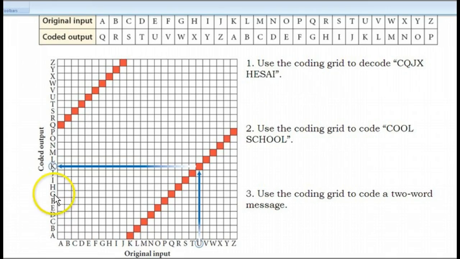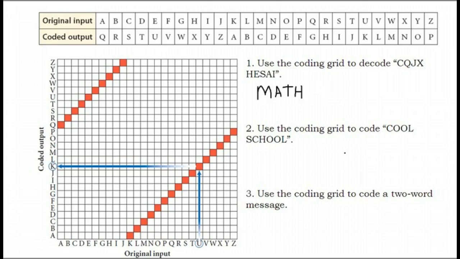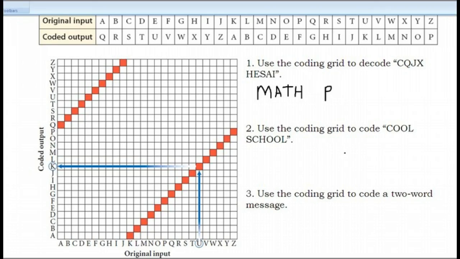So the H right here comes out to an R. And then we have an E, and that's an O, and an S, and that is a C. And maybe you can even see what the code is already.